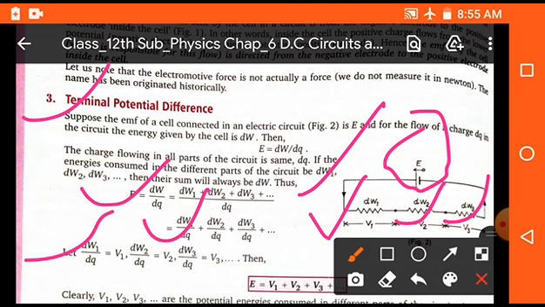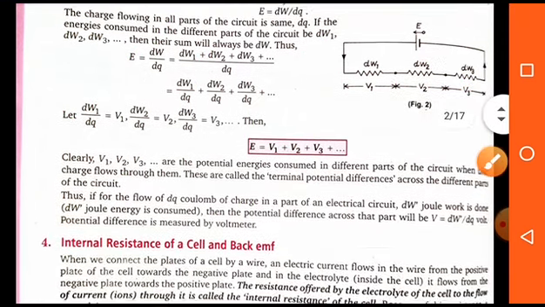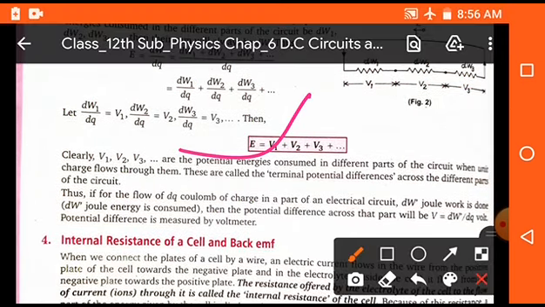It means that the total electromotive force in a circuit will be equal to the sum of the terminal potentials. That means E is equal to V1 plus V2 plus V3. Okay students?